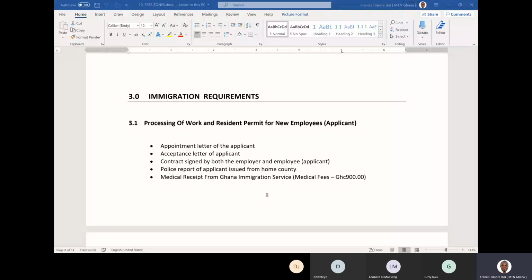What is the next question? February 2019, question 2. Okay, question 2.